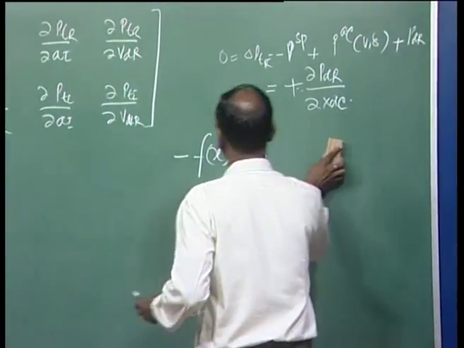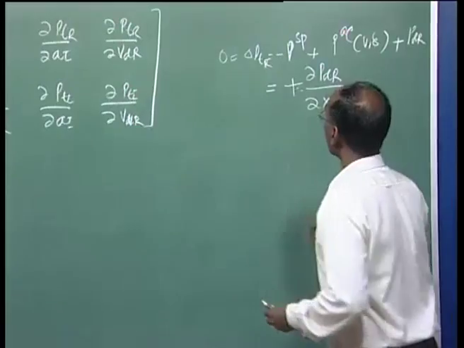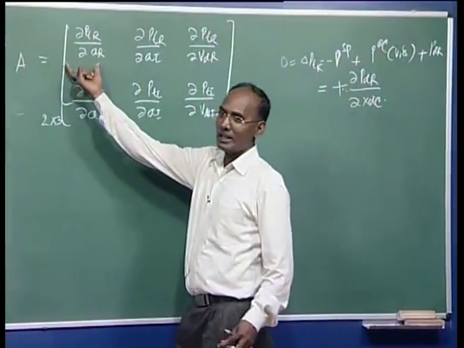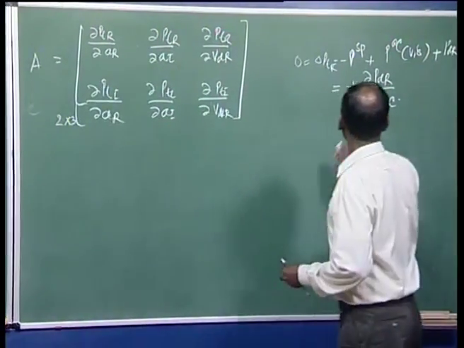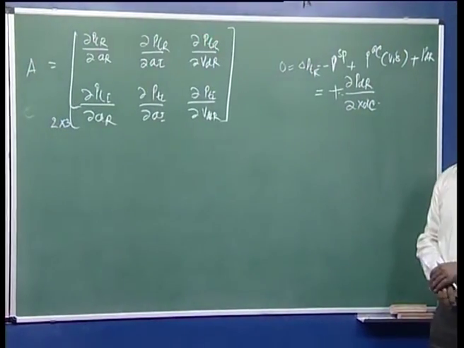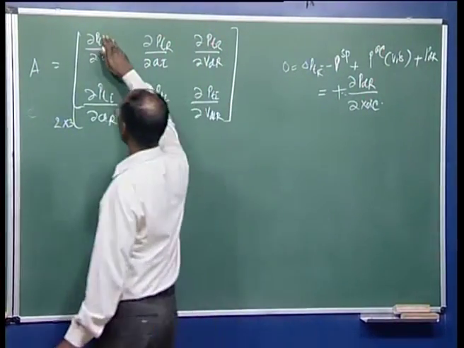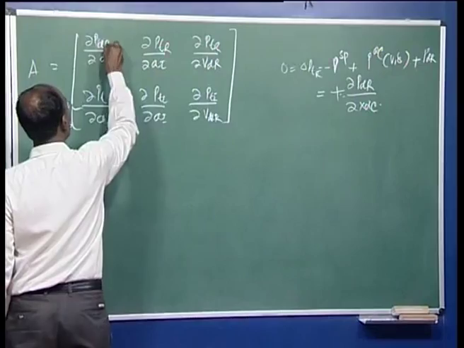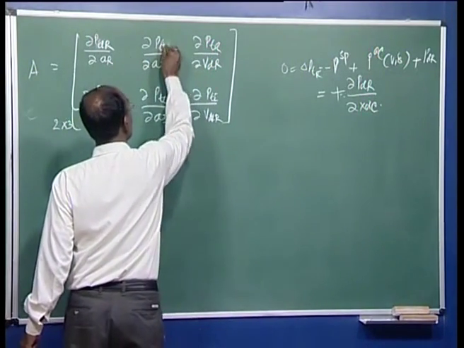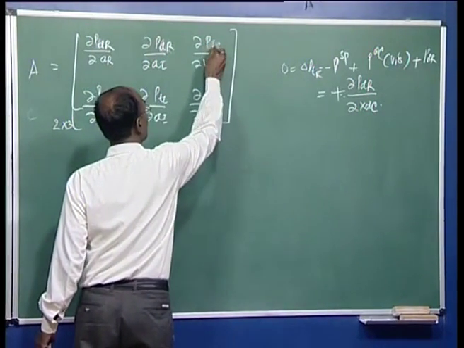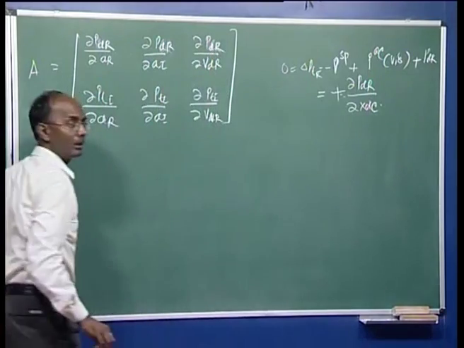Now this differentiation is nothing but I can say it is PDR upon XDC. So I can replace here the DC power at the rectifier end, and here the DC power at the rectifier end.